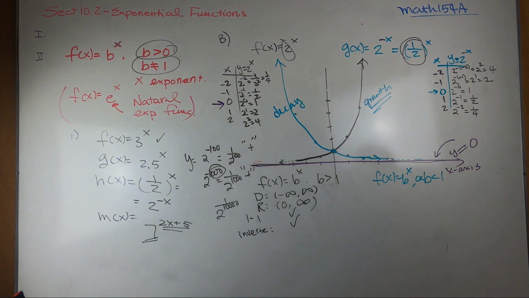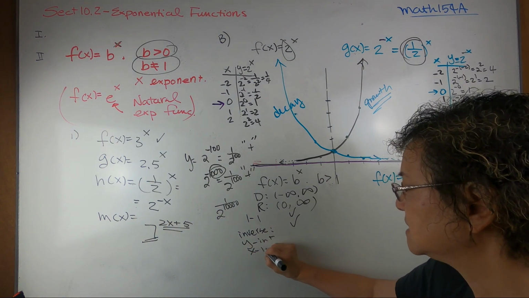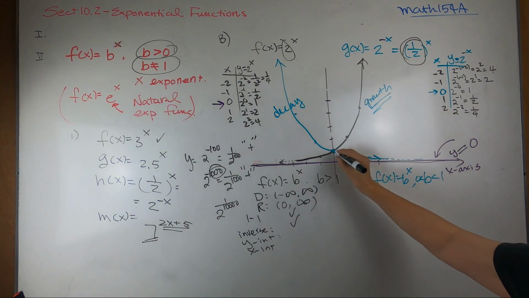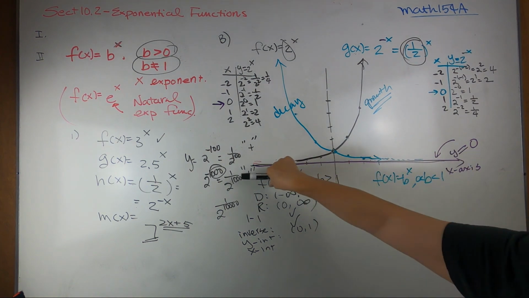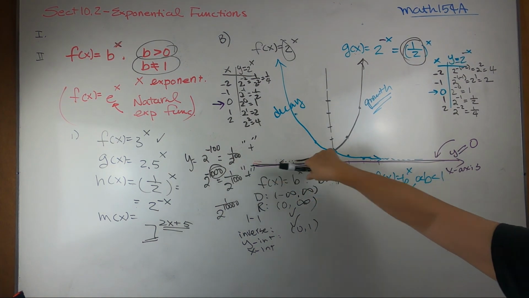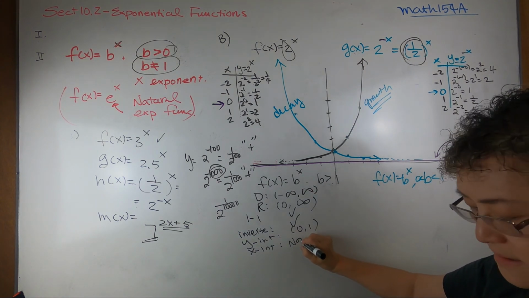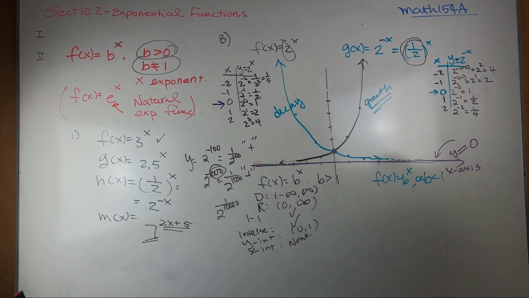Then we also care about the y-intercept and x-intercept, right? So for this one, what's your y-intercept? Right here, right? (0, 1). Do you have an x-intercept? You never touch this line, the x-axis, right? So it's none.